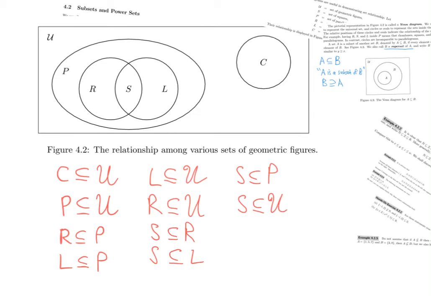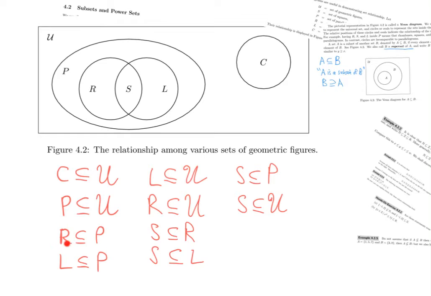Let's take a quick moment to review what these statements are saying. When I say something like R is a subset of P, because R is a set of rhombuses and P is a set of parallelograms, another way to say this is every rhombus is a parallelogram.